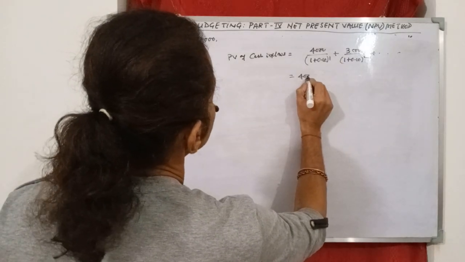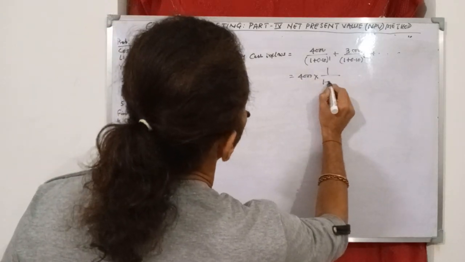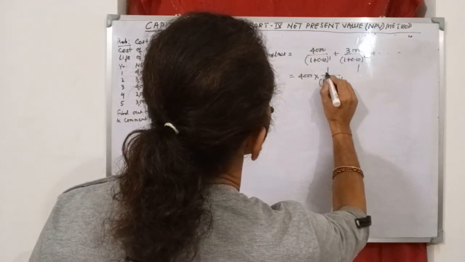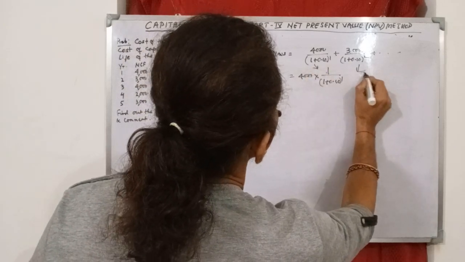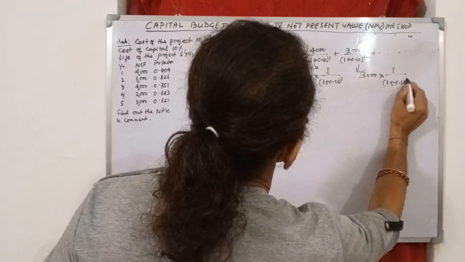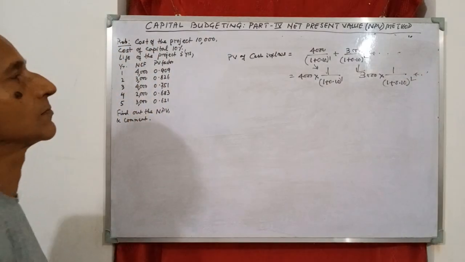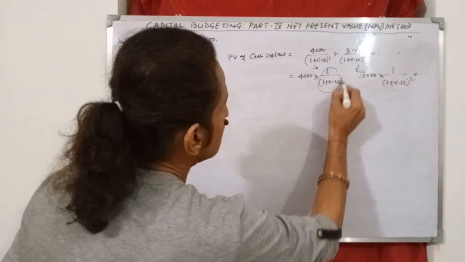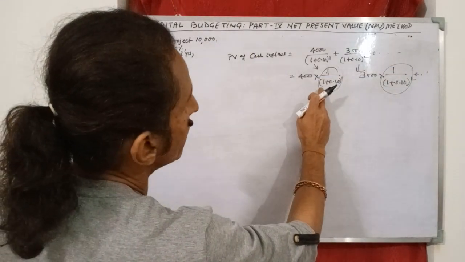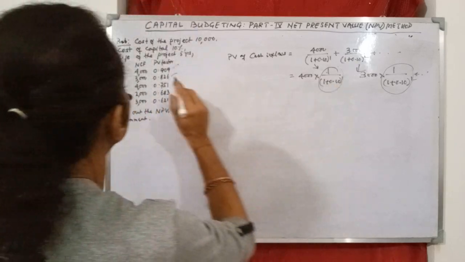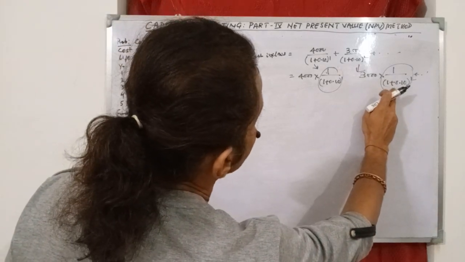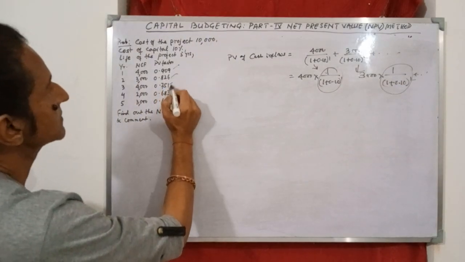Now this means 4,000 into 1 by 1 plus 0.10 to the power 1, and 3,000 into 1 by 1 plus 0.10 to the power 2, and so on. And these are the PV factors. The value of 1 by 1 plus 0.10 to the power 1 is 0.909. The value of 1 by 1 plus 0.10 to the power 2 is 0.826, and so on.